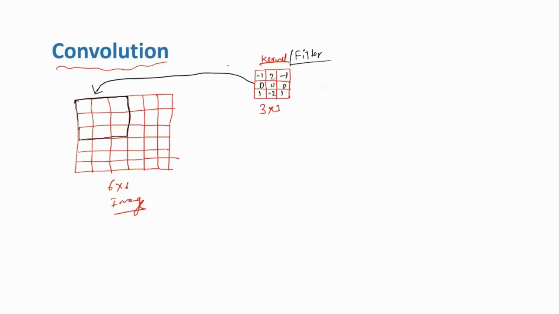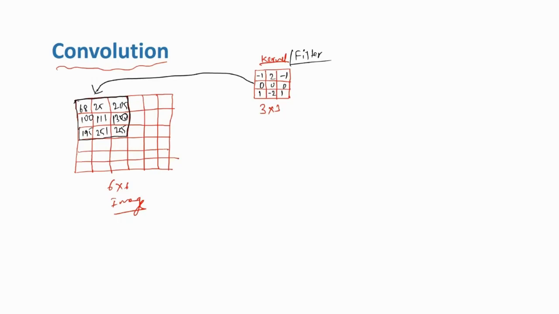Now this kernel basically will go here, and whatever the pixel values are here, say 68, 25, 205, 130, 111, 110, 100, 195, 251, and 255.